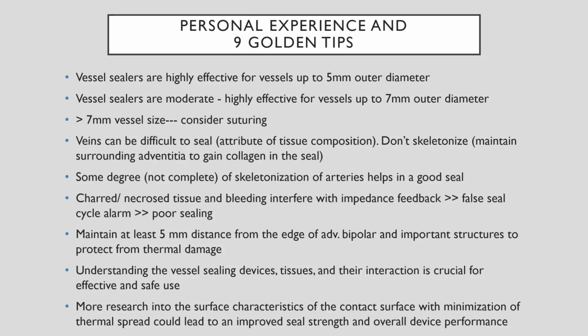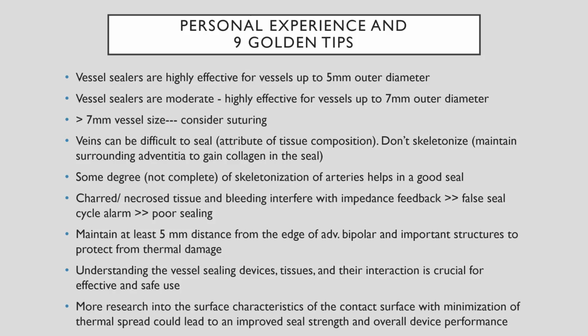But for that, you need to have a very good dissection. You need to skeletonize in a nice way, not over skeletonize, and also lateralize all the important structures like ureter and bowel away. For more than 7 millimeter size, I would suggest that you should seriously consider suturing, because if you are doing advanced laparoscopy, there is no getting away with suturing.